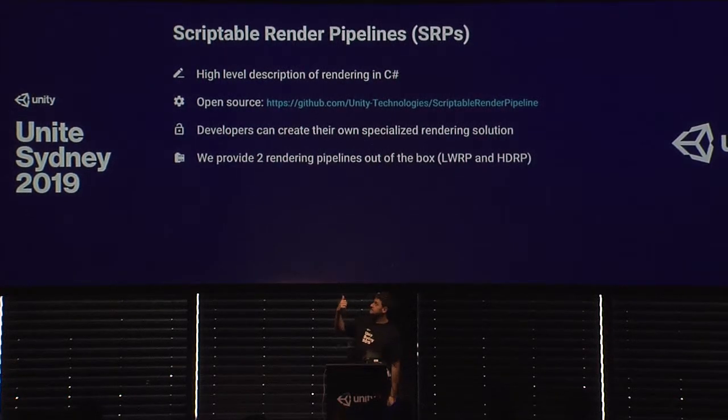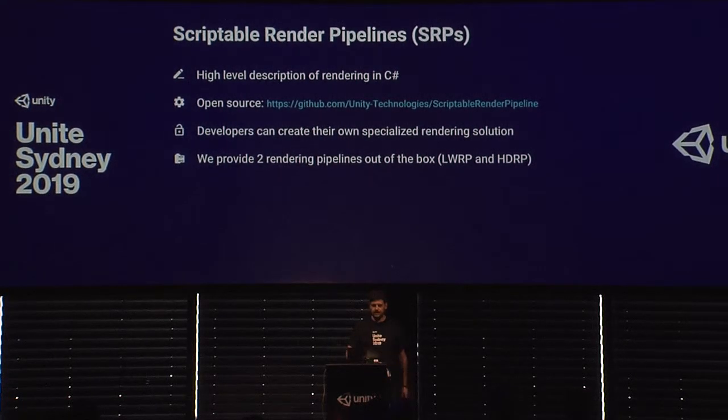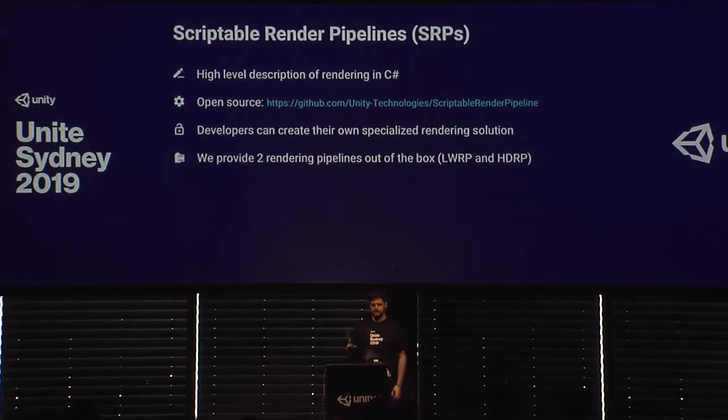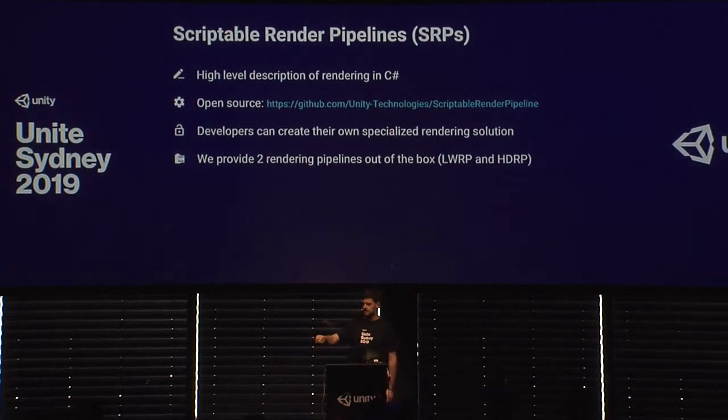So you will find it at this address if you want to investigate, if you want to read it. And actually, when you use an SRP, whether it's HD or the lightweight rendering pipeline, because it's C# and because it's a package, this new way of distributing features that we have, you will find this code in your project in the packages folder. So you're able to read it, you're able to modify it.